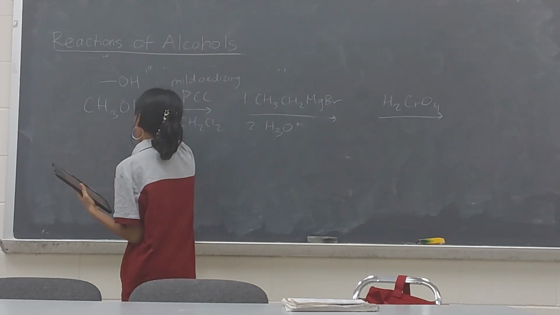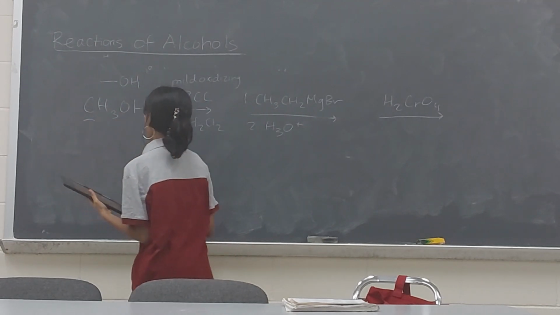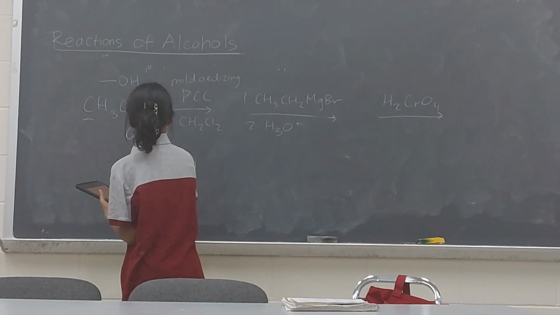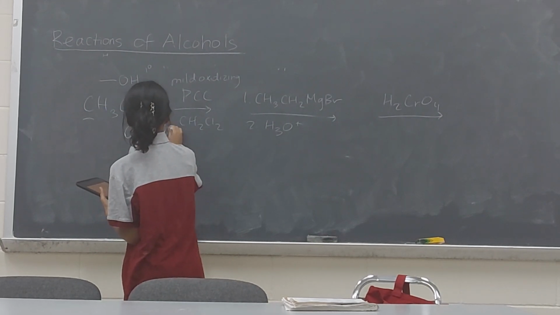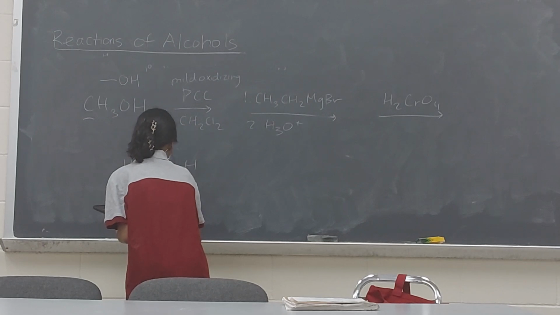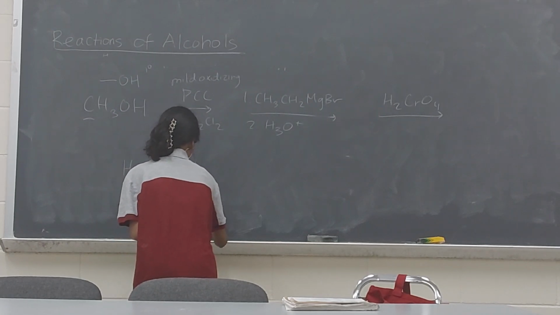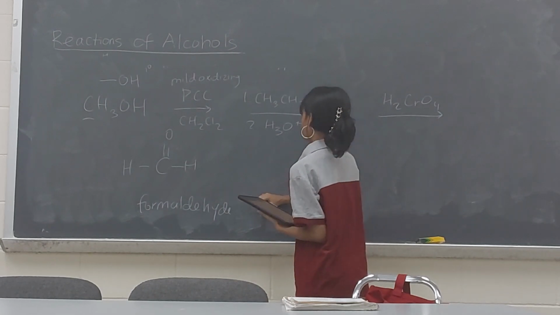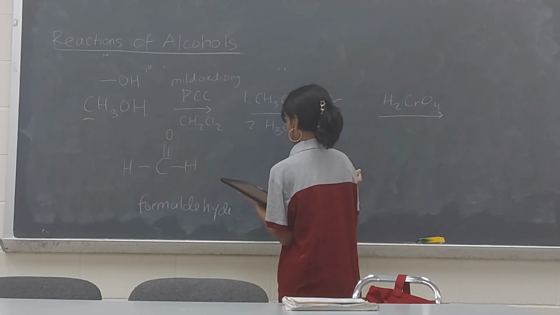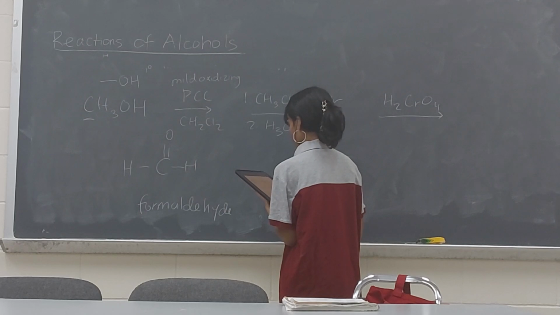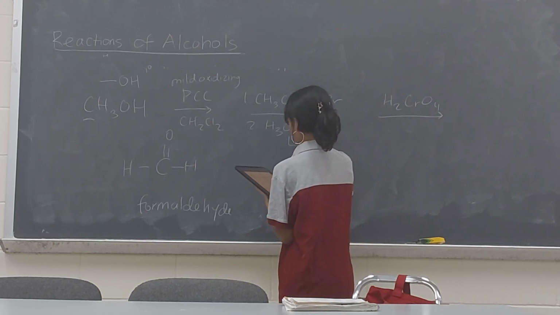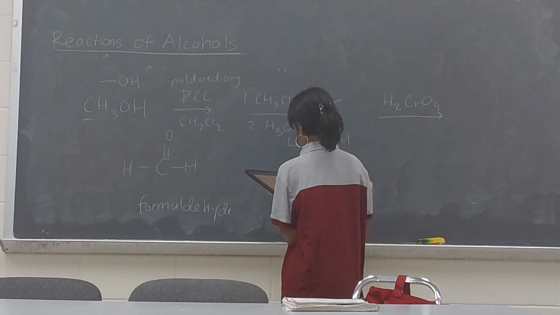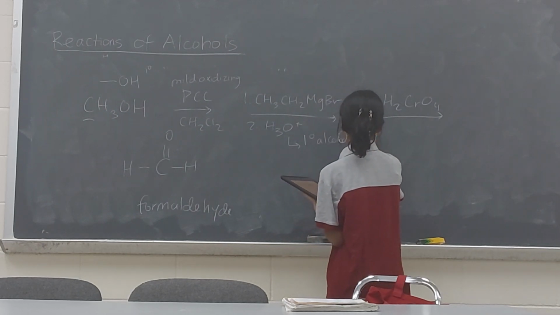Since there's only one carbon, it'll turn into formaldehyde specifically. And formaldehyde with a Grignard gives a 1 degree alcohol, with the carbon added to the Grignard.